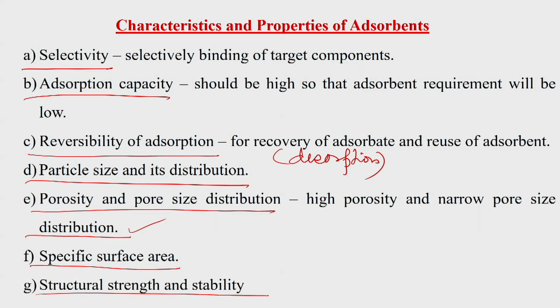And the last one is structural strength and stability, which should be one of the criteria. Once the adsorption process is over, we need to separate the adsorbate adduct, and that should not break during handling. We need to separate the adsorbate from the adsorbent and reuse it for the next adsorption process.